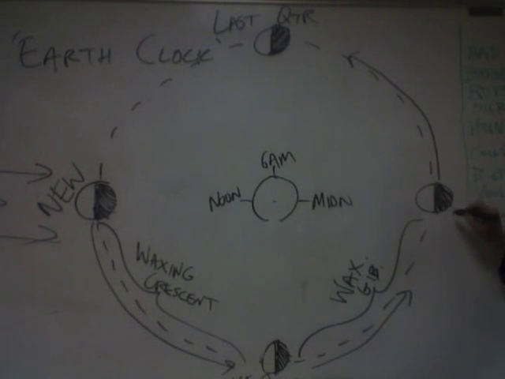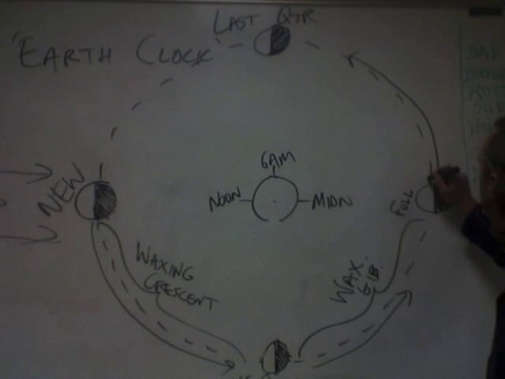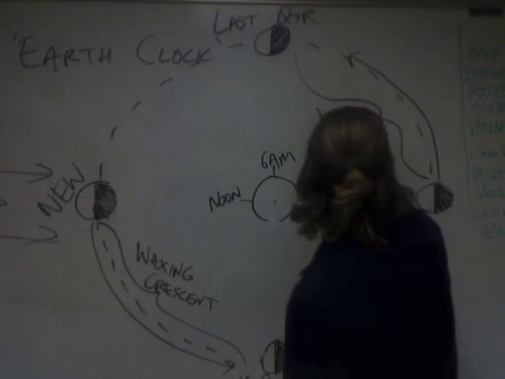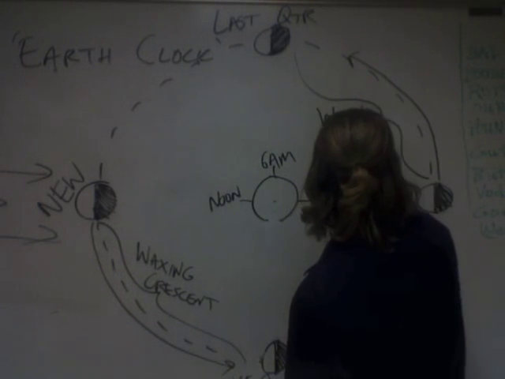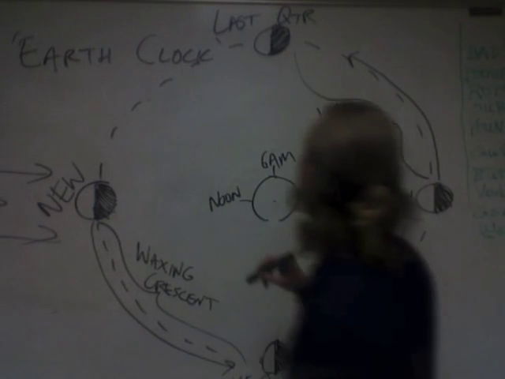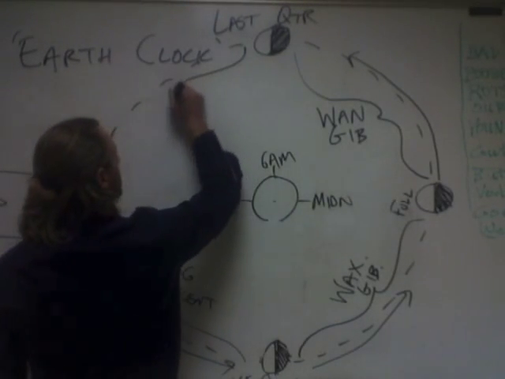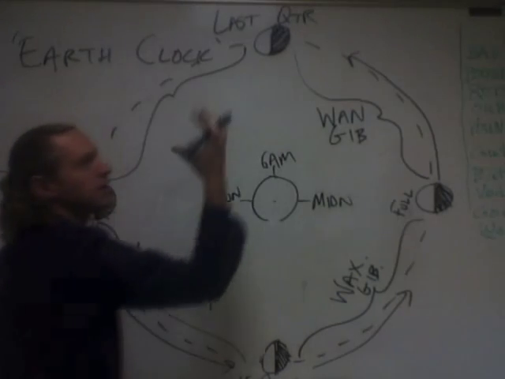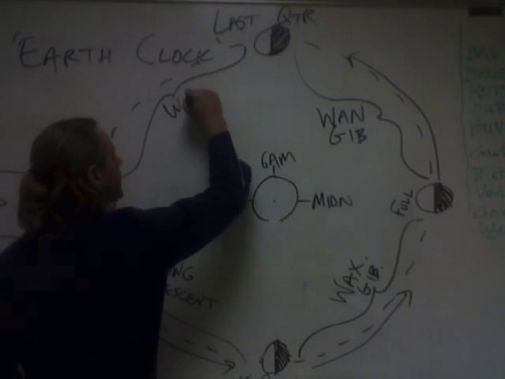Once it hits full, which by the way, I have to label that. Once it hits full, it's going to start getting smaller each night, so that's a waning gibbous because it's still more than half full. It's still more than half illuminated. And finally, in the very last part of the segment, when it hits last quarter and then it's getting smaller yet, it's a waning crescent.